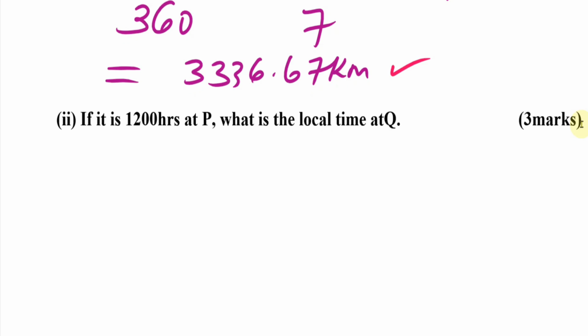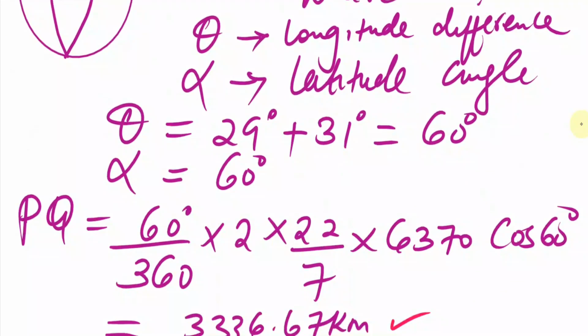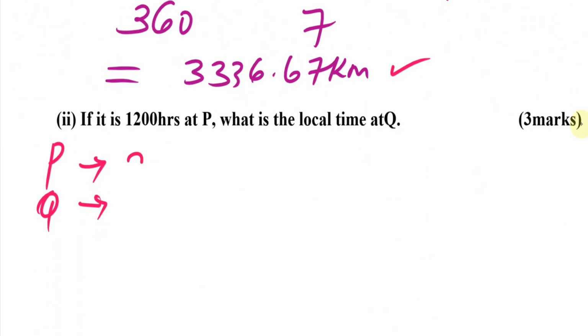So we need to identify the longitude at P and the longitude at Q. The longitude at P is 29 degrees west, and this one is 31 degrees east.